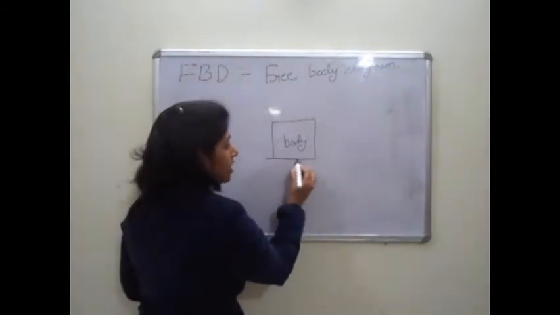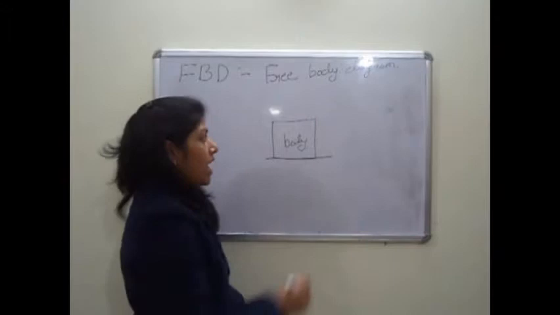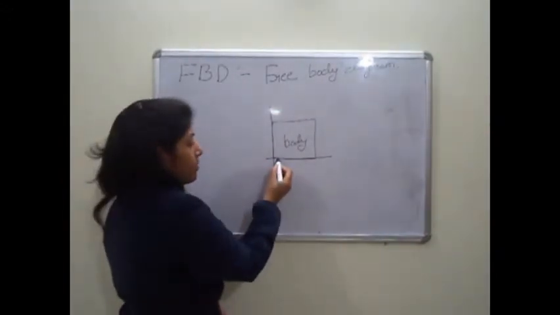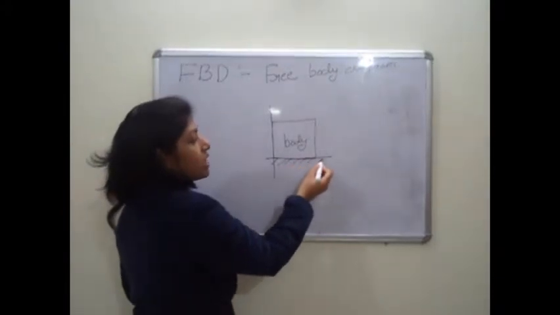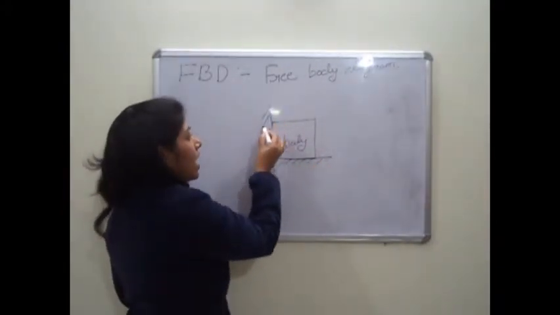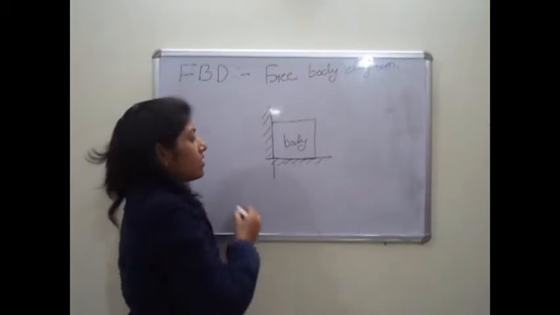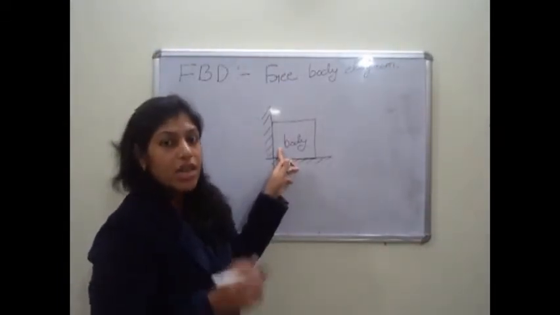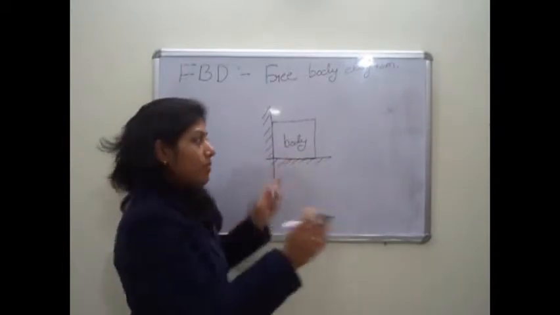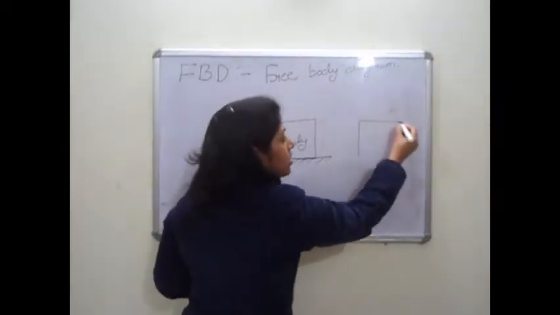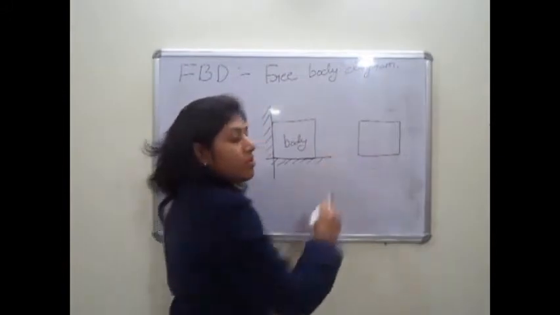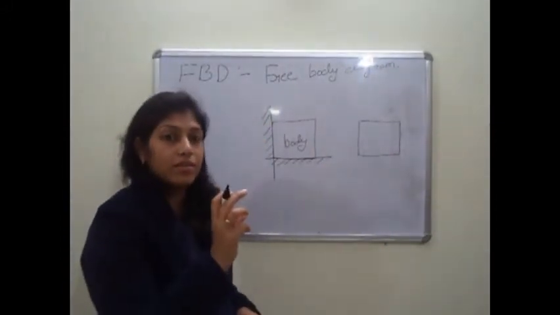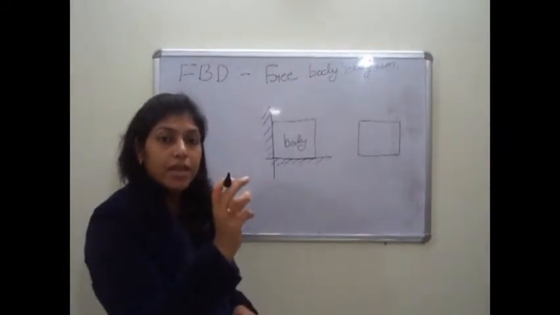For example, if I am considering a body which is resting on the horizontal floor and which is supported by a vertical wall. In that condition, the free body diagram of that body will be drawn.